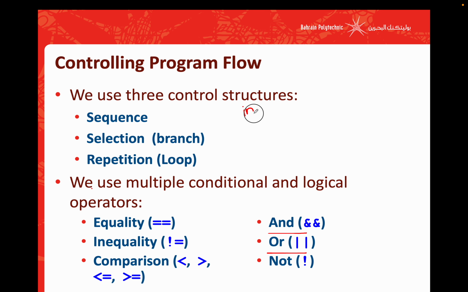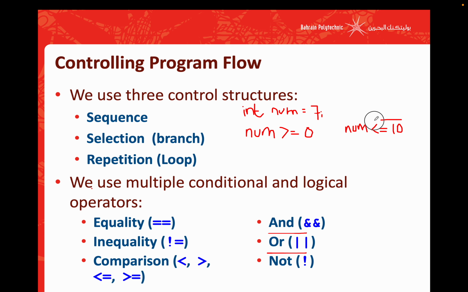When I write int num is equal to, let's say, 7, semicolon, and then I write num greater than or equal to 0, and I have another condition, num less than or equal to 10.